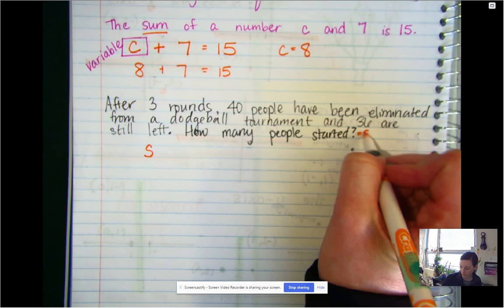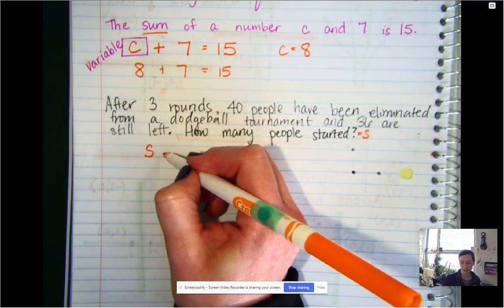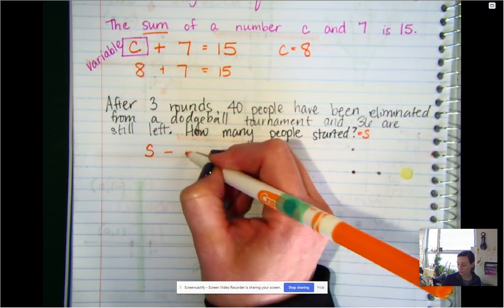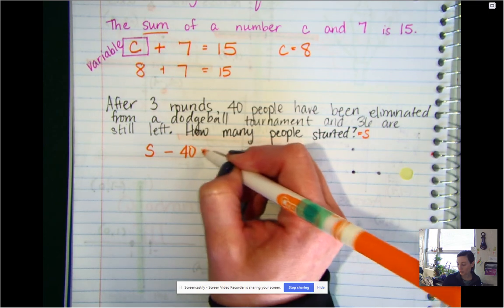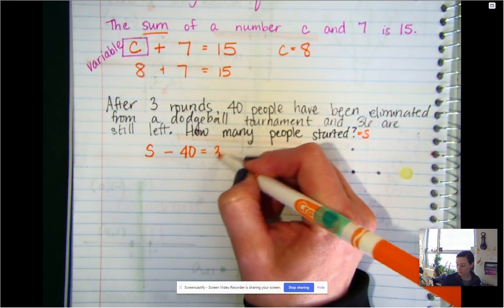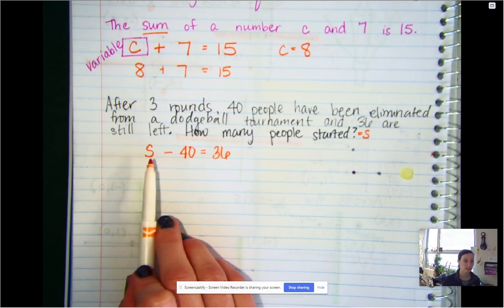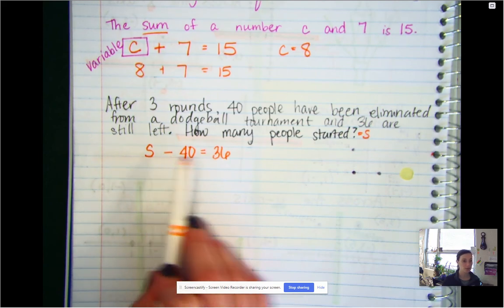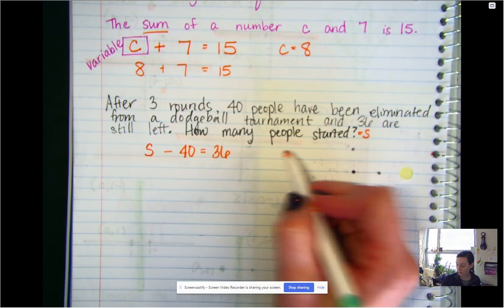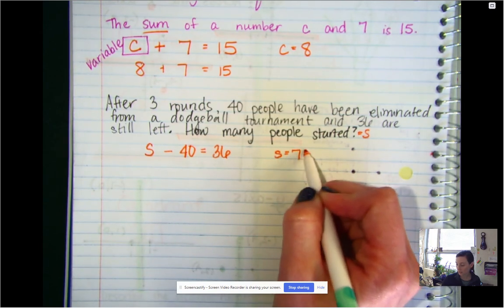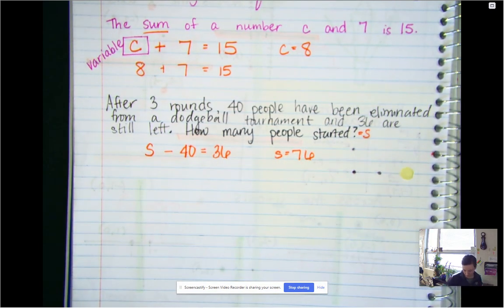S for started, take away 40 people equals 36 people. Now we can say, what minus 40 would equal 36? It would be 76. So 76 people started the tournament.